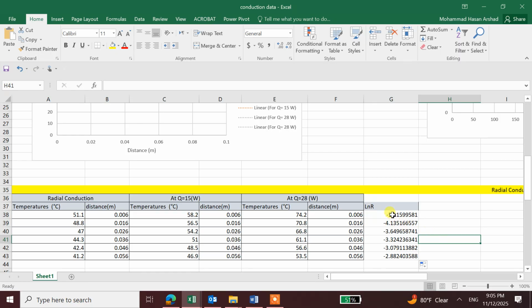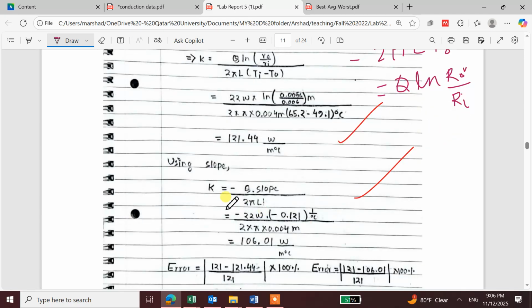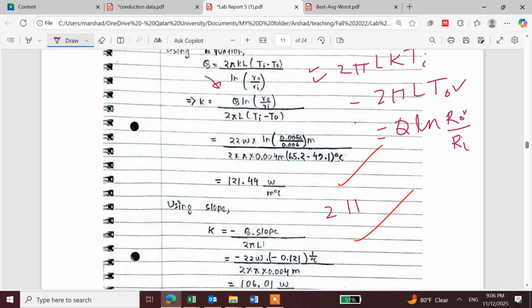So now plot ln r versus T. Okay, ln r versus T. If you plot ln r versus T, the slope will be what? 2 pi LK over Q. So ln r versus T.